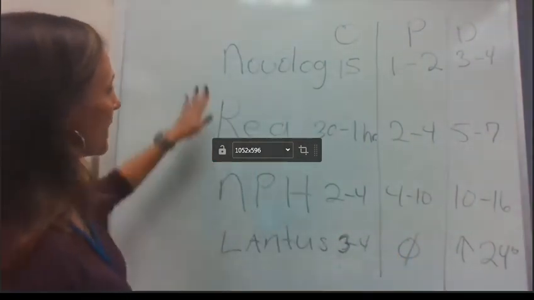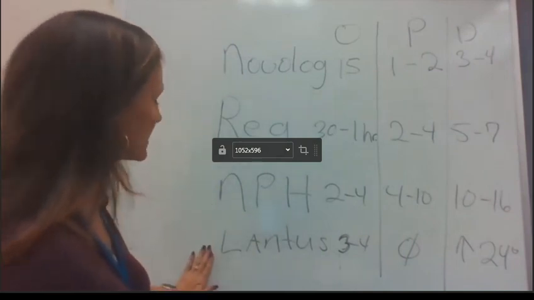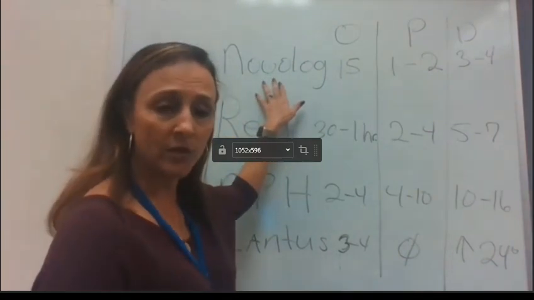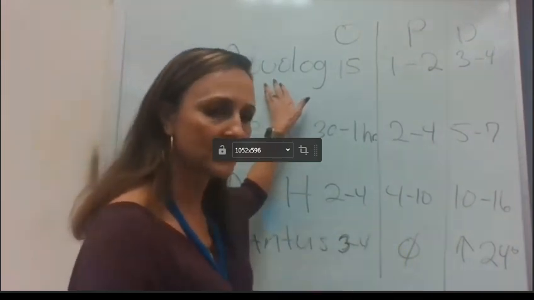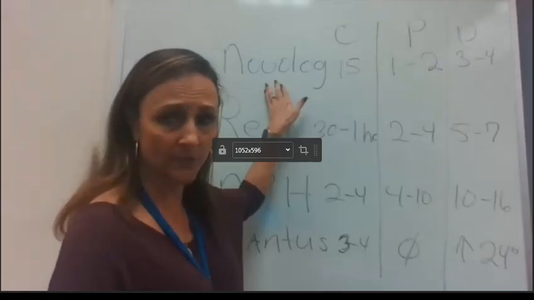So we've got Novolog, we've got regular, we've got NPH, and we've got Lantus. Now, the only thing I'm going to tell you is there is something called Humalog. For Humalog, the onset, peak, and duration are exactly the same, but they are not the same medication. I need you to understand that. Now, make sure you mute yourself right now.